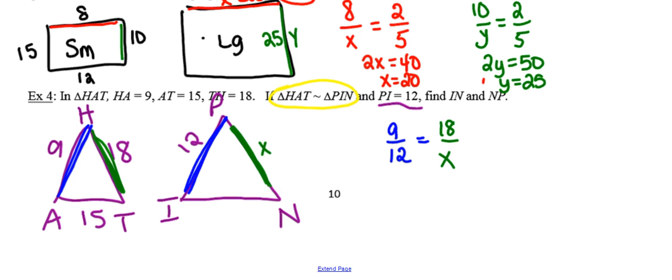And again, when I wrote my ratio, I did the smaller polygon over the larger polygon. You may write the ratio any way you like as long as you're consistent. So now I'm just going to go ahead and cross multiply. And when I solve for side PN, I find that the distance between points N and P is 24.